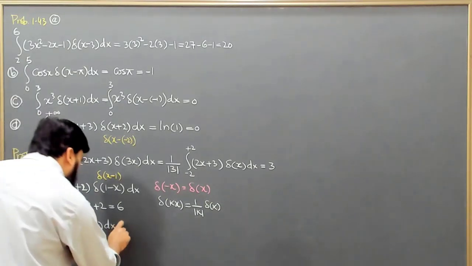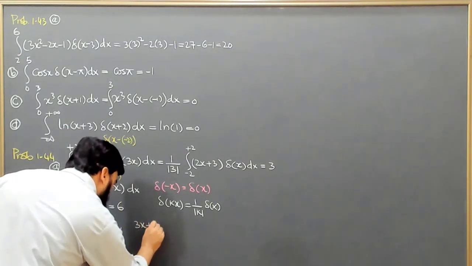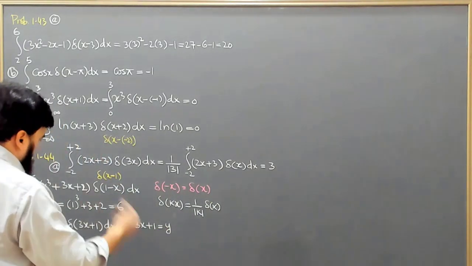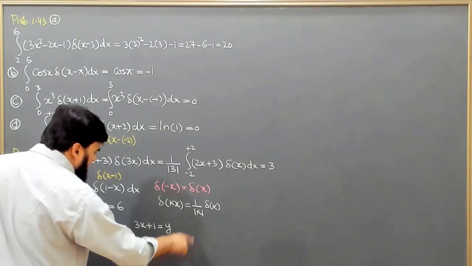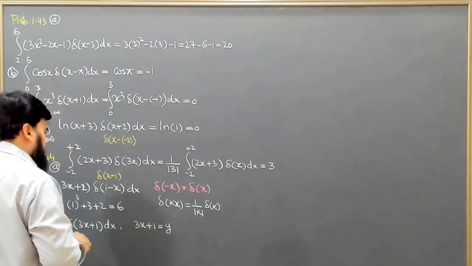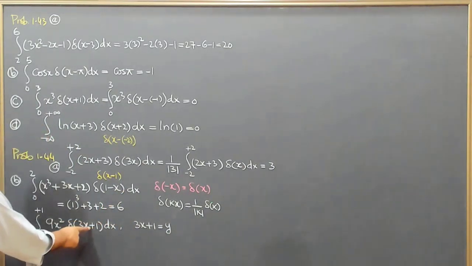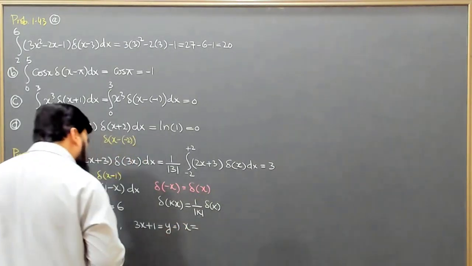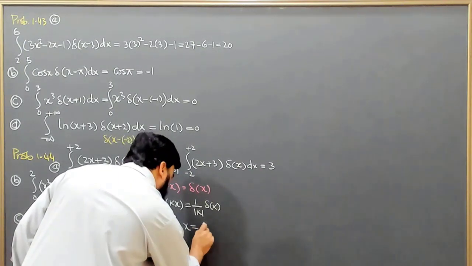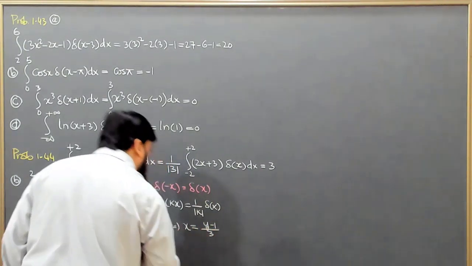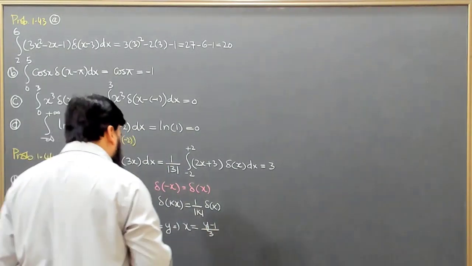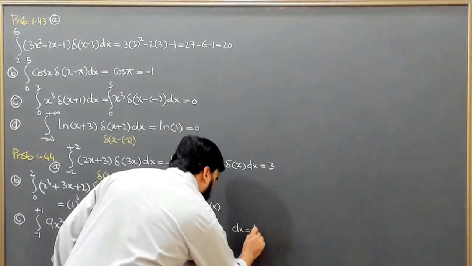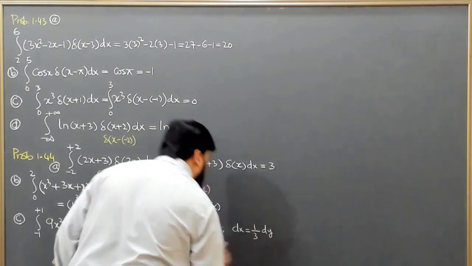Suppose 3x plus 1 is equal to y, then dx will be equal to 1 over 3 dy, and x will be converted from here, that x is equal to y minus 1 over 3.